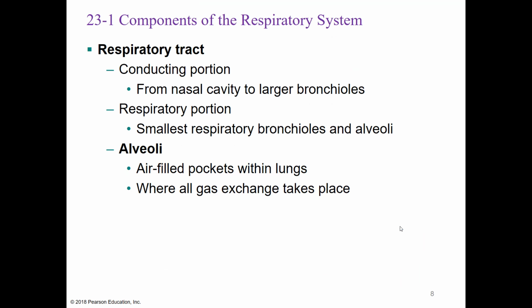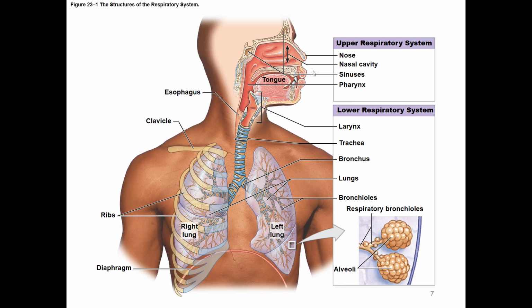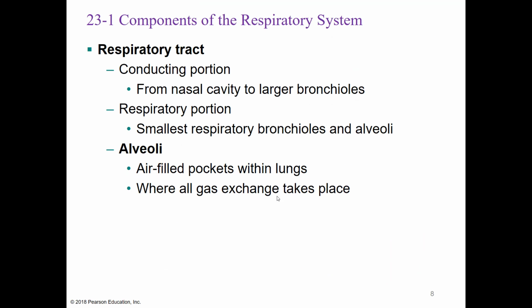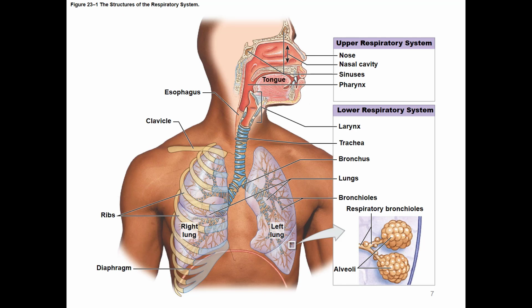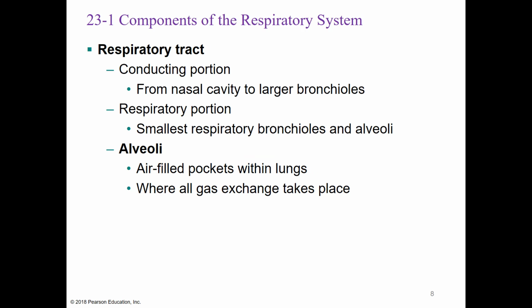The respiratory tract is the conducting portion of the tract, and this goes from the nasal cavity down to the larger bronchioles. So this would be basically where the air comes in, and we conduct that air down all the way to these bronchioles. And then we have the lower respiratory portion, which is the smallest respiratory bronchioles and the alveoli.